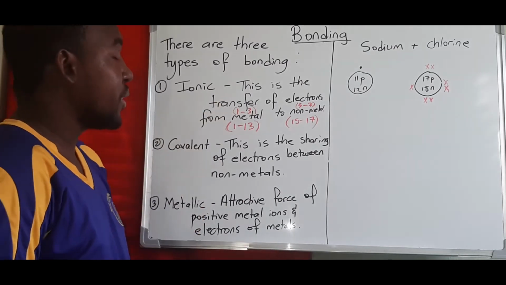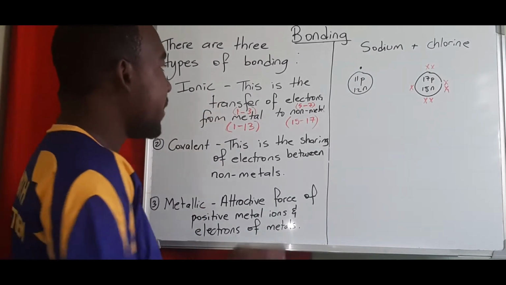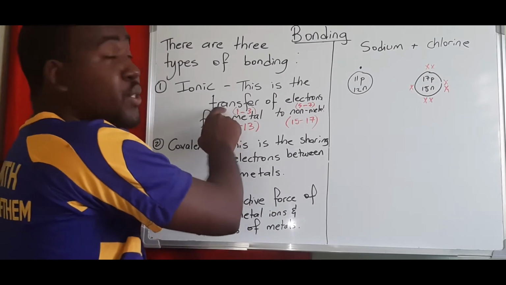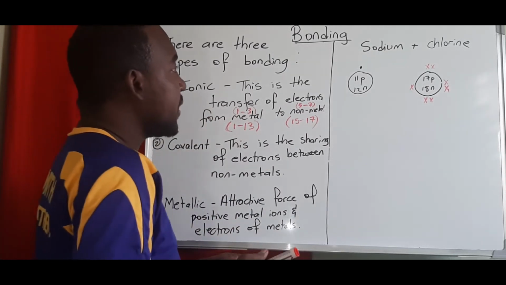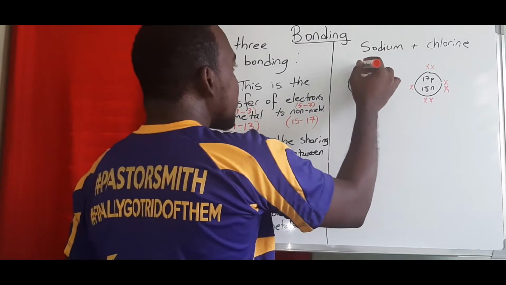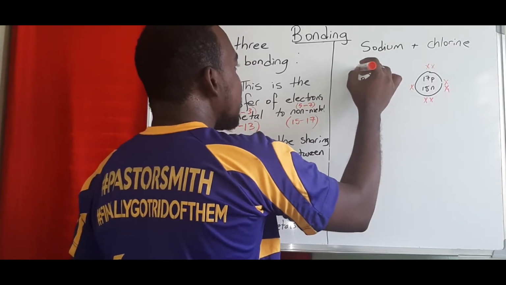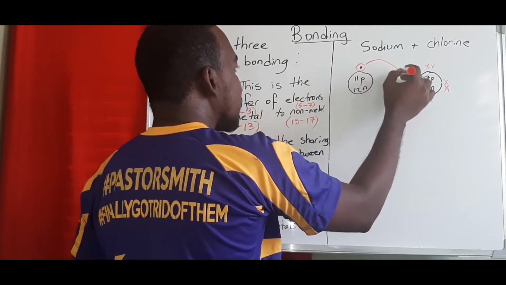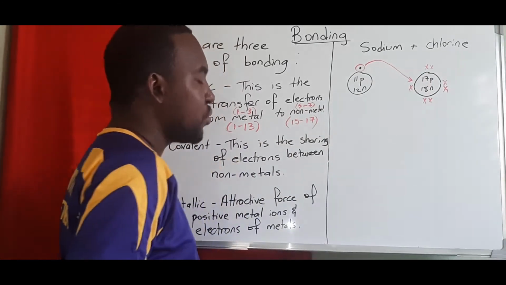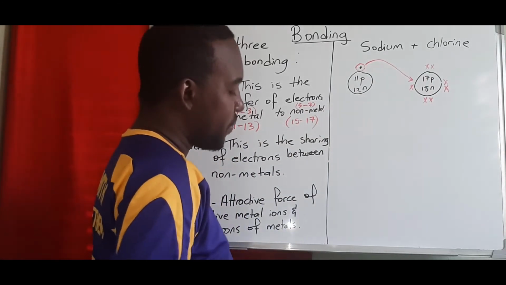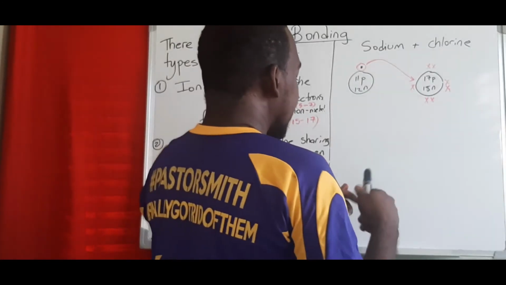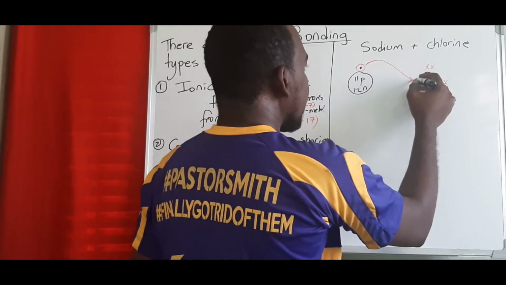With ionic bonding, we have a transfer of electrons. The electron from sodium will transfer over to chlorine.